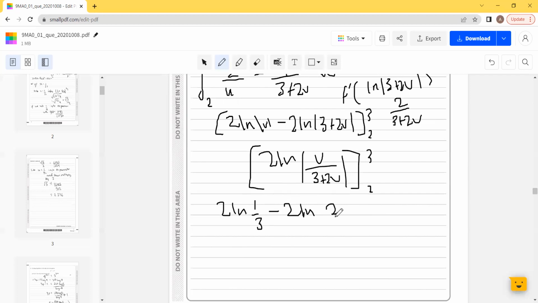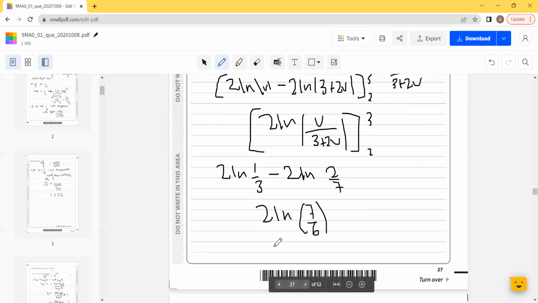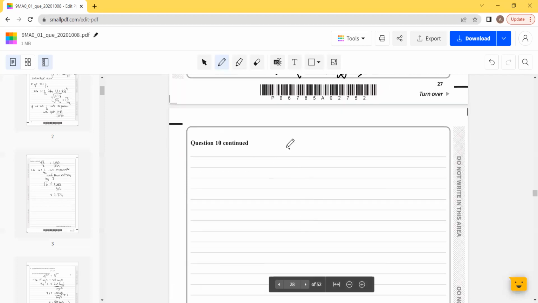So we are left with 2 ln 1/3 minus 2 ln 2/7. And when we have subtraction with logarithms, we have to divide. So this is 2 ln 7/6. And now we can just square it. So ln of 49 over 36 is our answer. So A is 49 over 36.